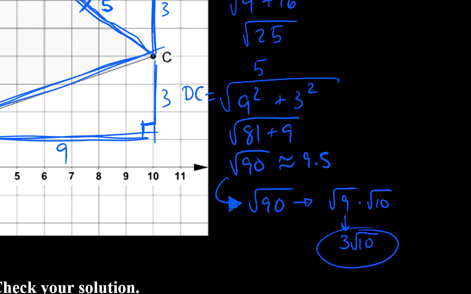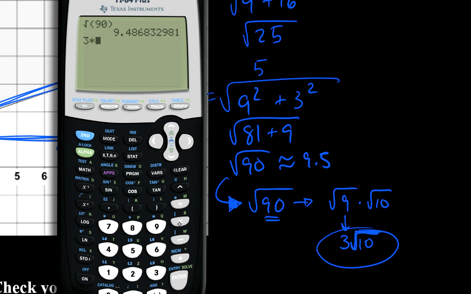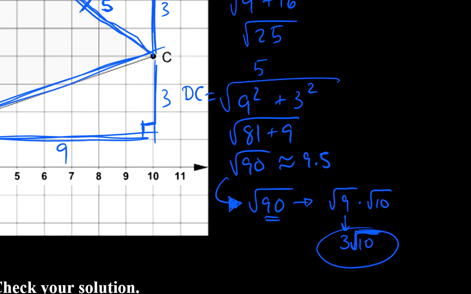This is called simplified radical form. We're just looking for perfect squares inside of the radicand, and we bring those out. So root 90 is the same thing as 3 root 10. And if I multiply 3 by the square root of 10, I get exactly 9.486. So they're identical to each other, just this is called simplified radical form.